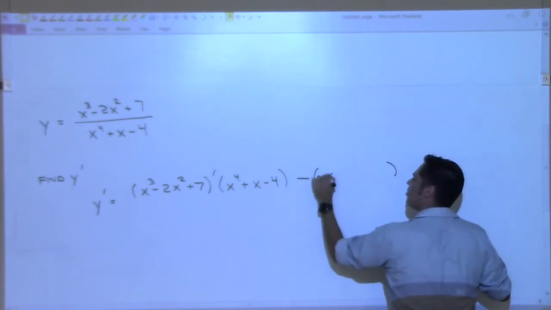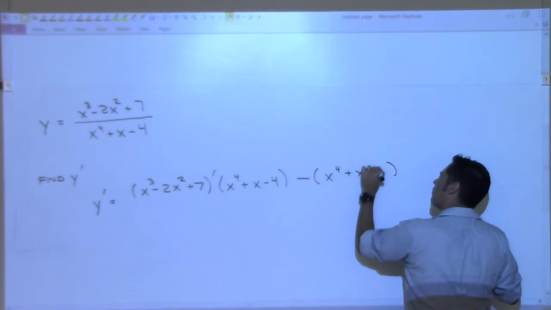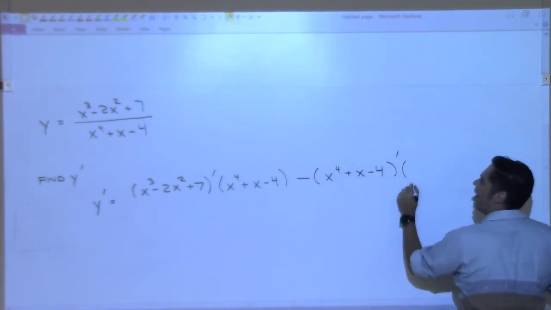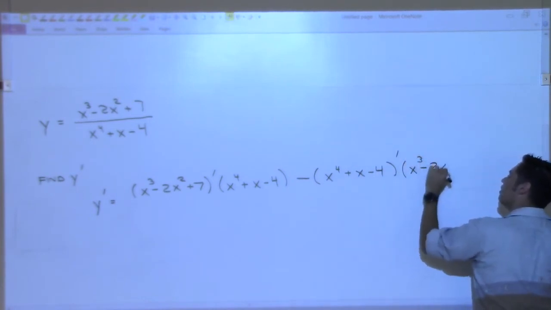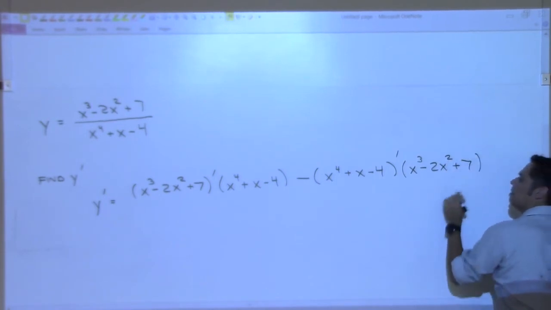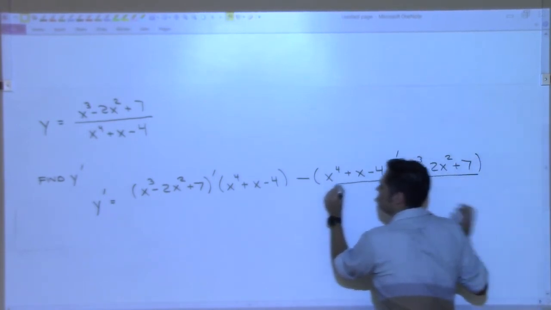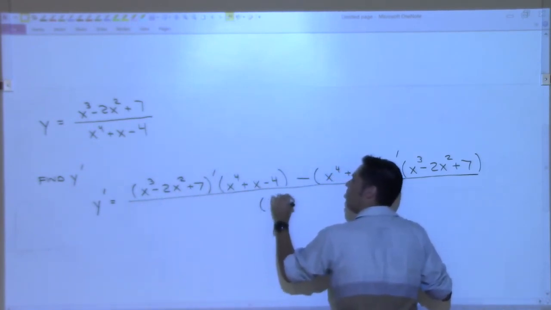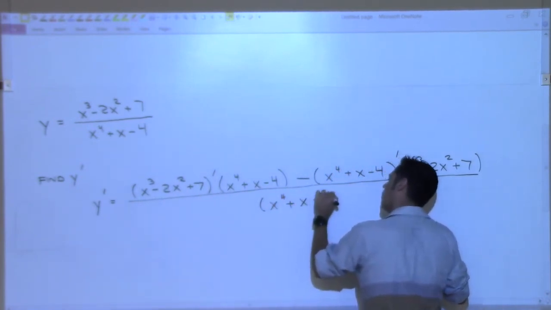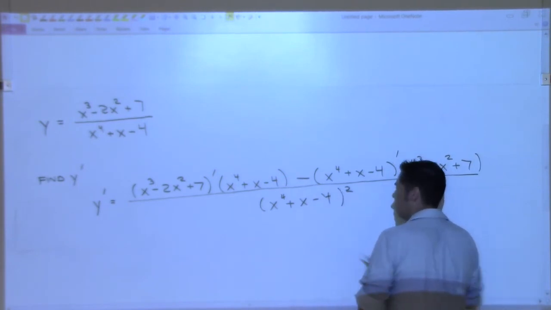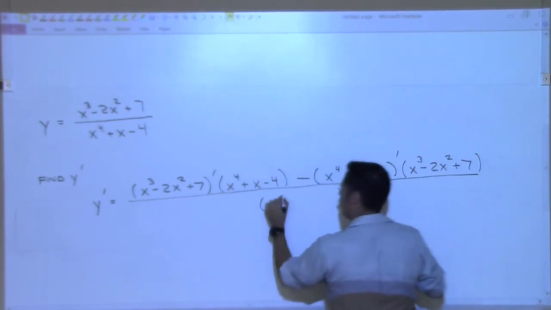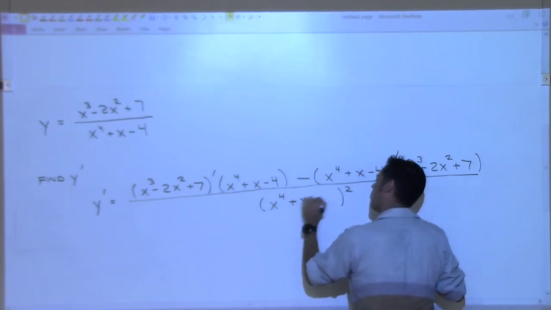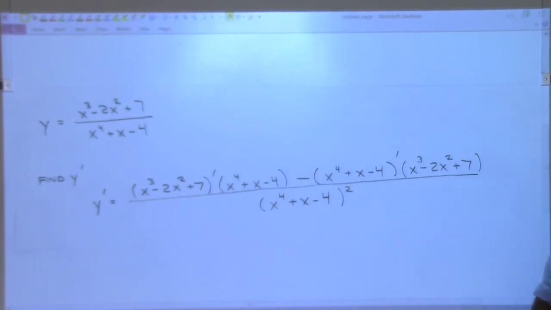The bottom times the top in parentheses, the whole thing, all of it over the bottom squared. Whoa, what happened there? There we go. All right, so that's me just setting it up, and now it's time to take derivatives.